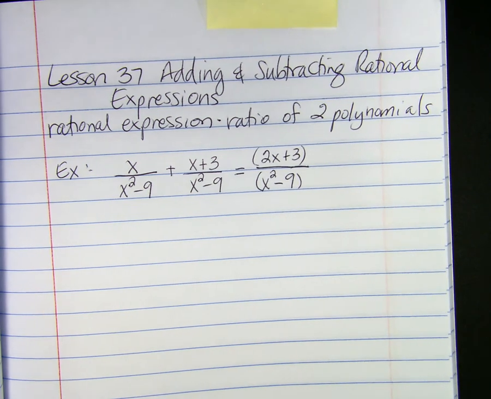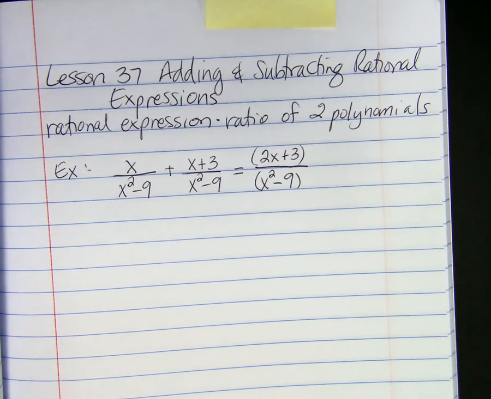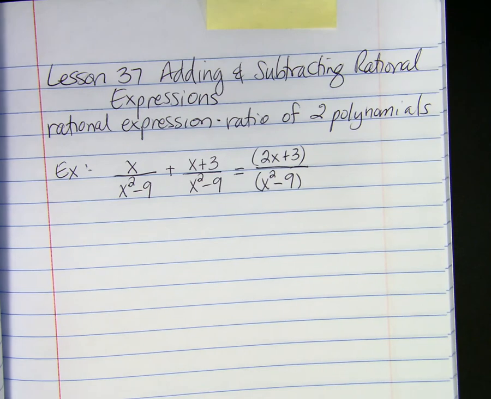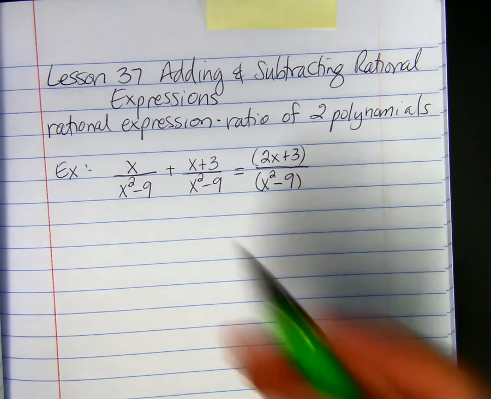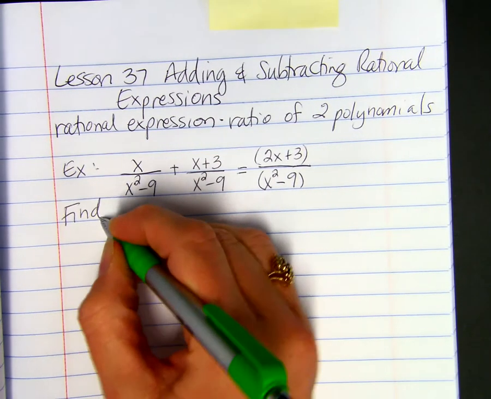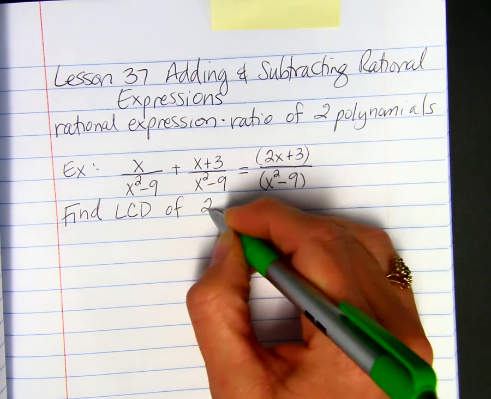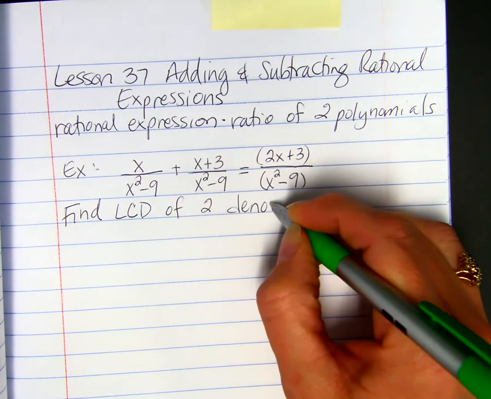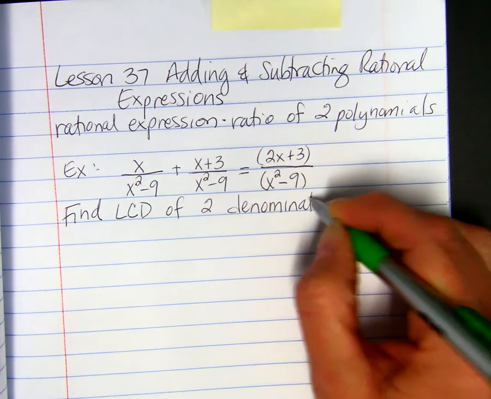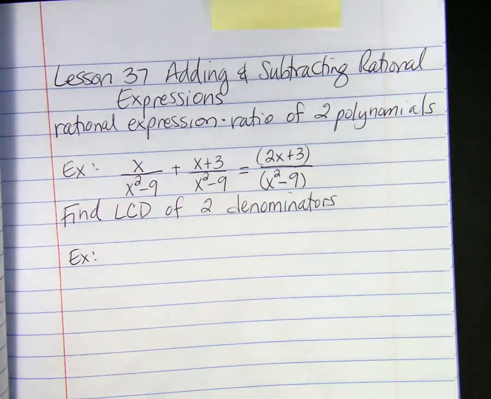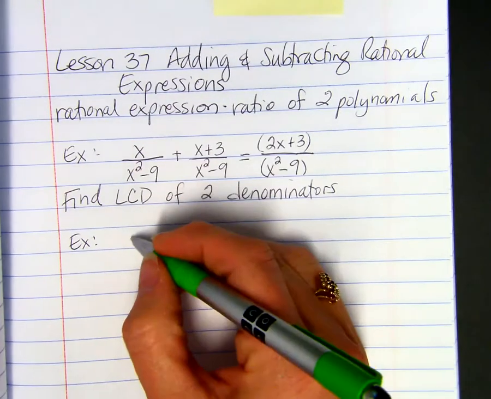No. When we are adding or subtracting fractions, we do not add and subtract the denominators. They have to stay the same, which means we've got to get them the same first. Wait, so what if you can't get them the same? You can find the least common denominator of two denominators.